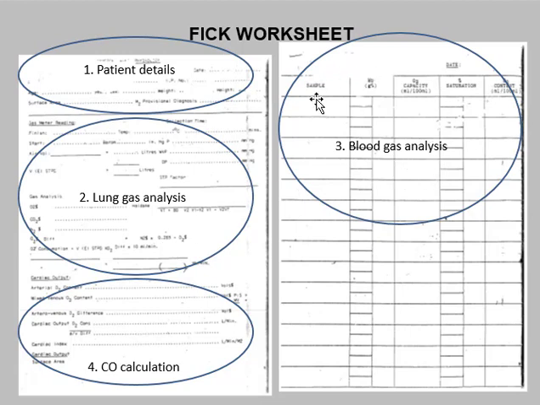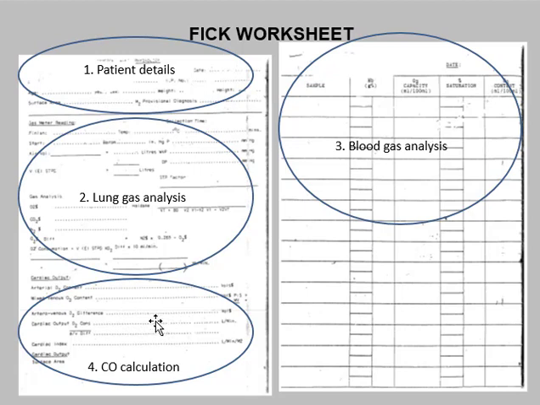Then we analyze our blood gases, a totally separate independent procedure, where we calculate our saturations for arterial and venous samples, convert them to oxygen content, and then enter the values into the calculation for the Fick equation. Remember, the denominator is the arteriovenous O2 difference.